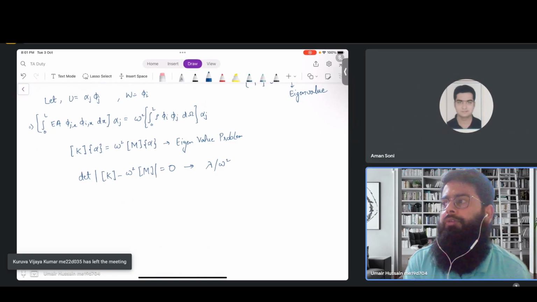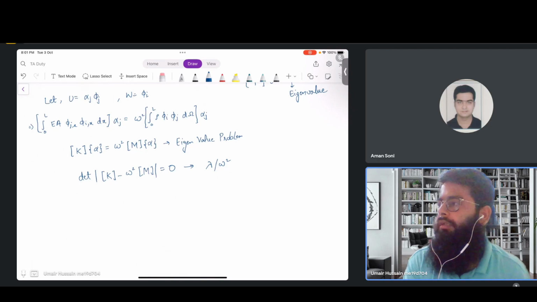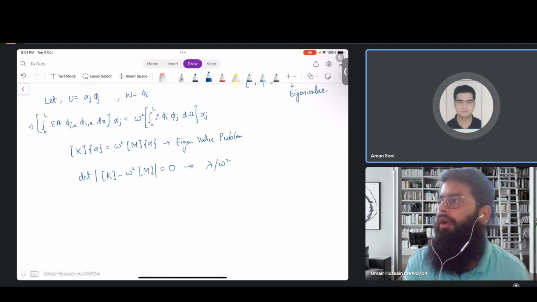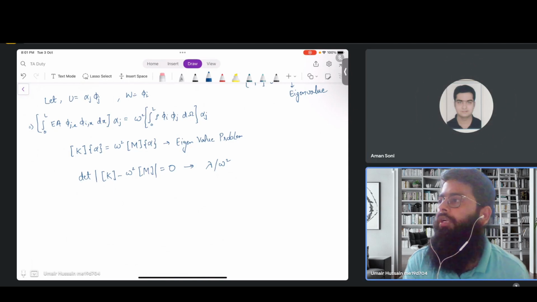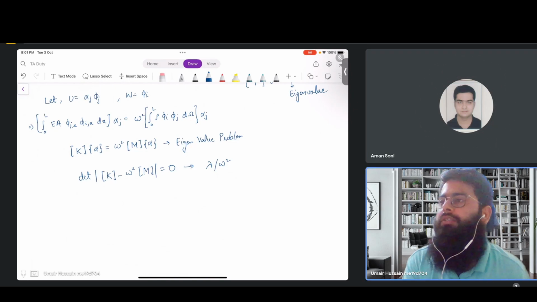Okay, you mean to say, to get any mode of vibration, what drives it, since all loads are zero?